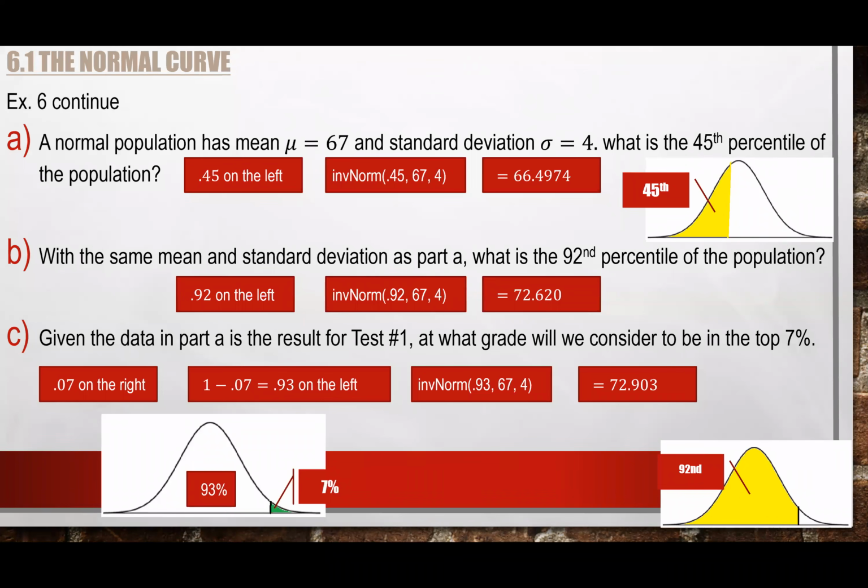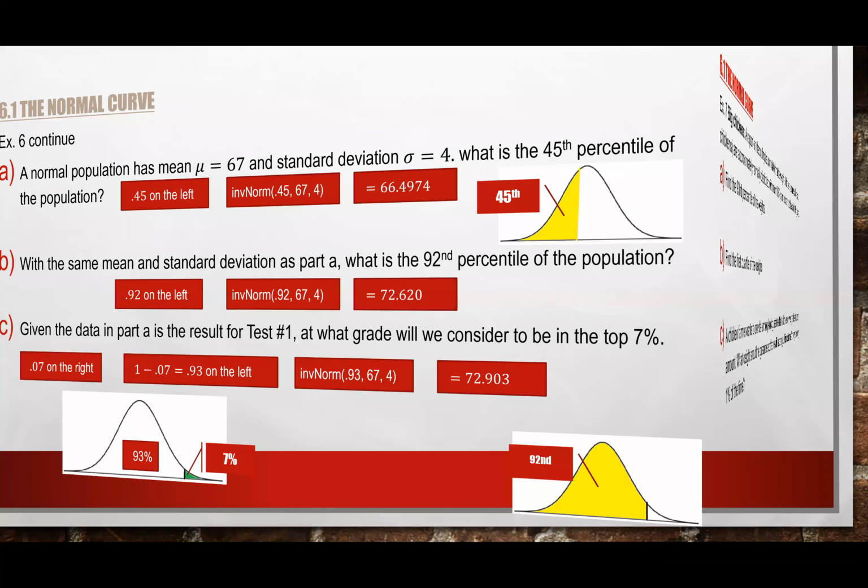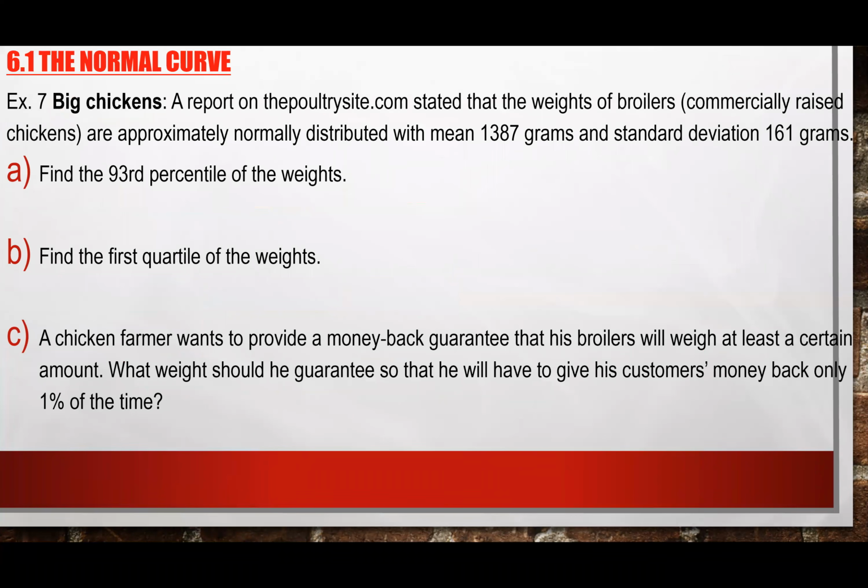If you don't have questions, similarly, let's put all of this into a real-life situation. This is typically your problem. They say that the report on this site stated the weight of this broiler chicken is approximately normally distributed. They only give you normally distributed because we want that bell-shaped curve.